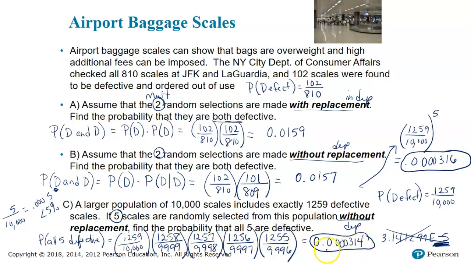So looking at this, we're way over here before we ever see a difference. So it is acceptable as long as your sample size is less than 5% of the total of the population. If it's less than 5% of the total of the population, it is acceptable to treat a cumbersome situation as independent and therefore make an easier calculation for you.